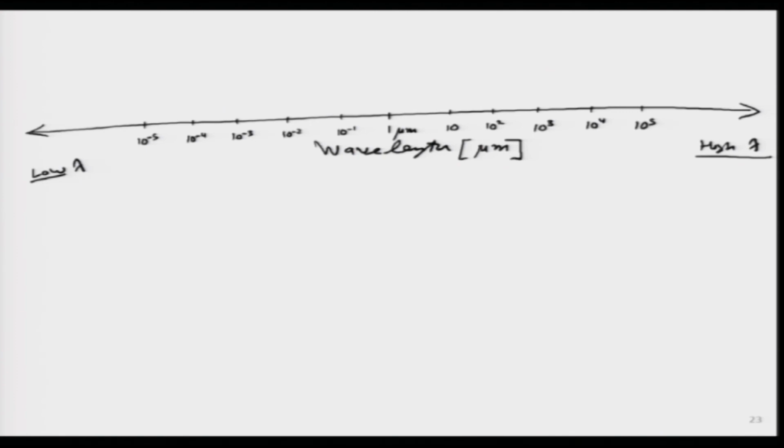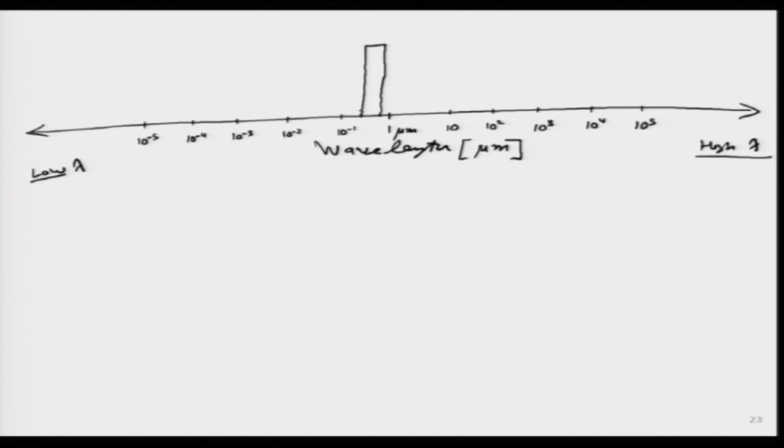Now, we remember from our school days that our visible spectrum is somewhere between 0.4 to 0.7 micron. So, let me go ahead and draw that, and maybe I will use the same black color over here. Somewhere over here 0.4 and 0.7. So, let me draw a block over here. So, this is my visible spectrum.